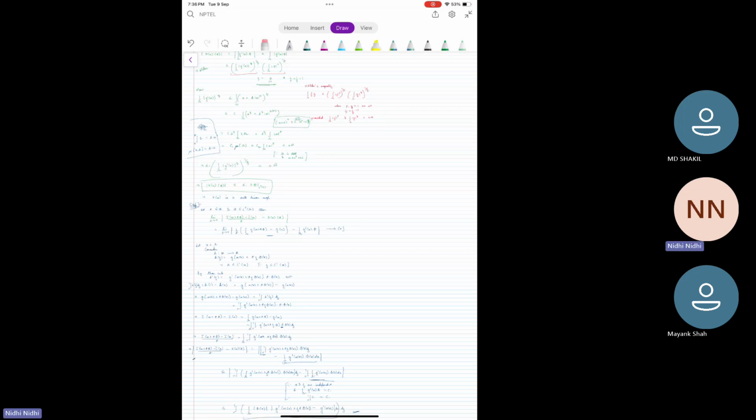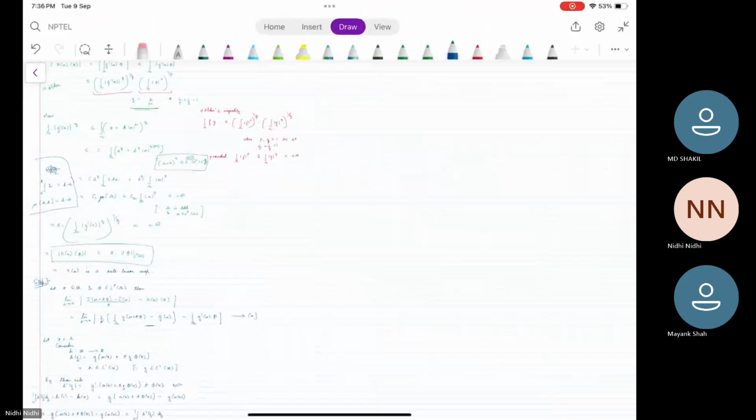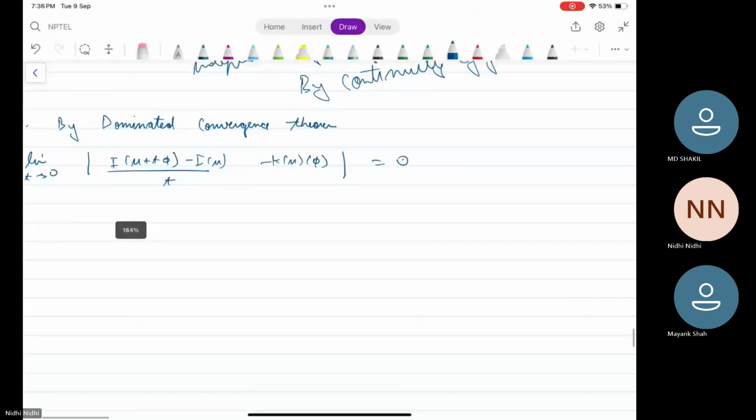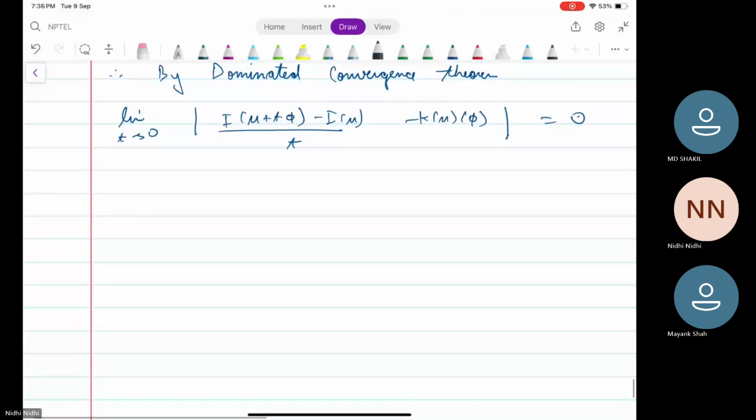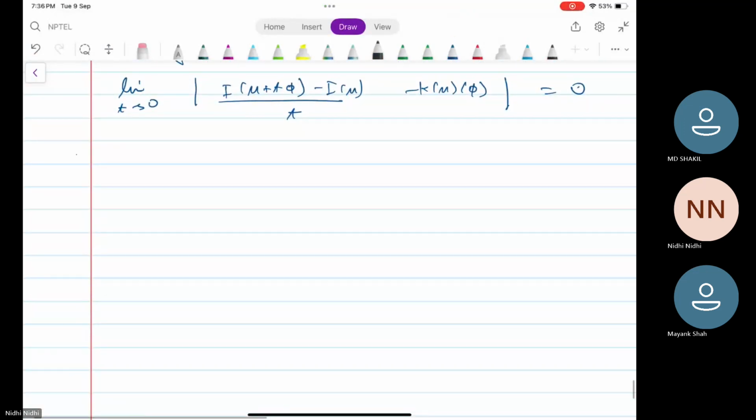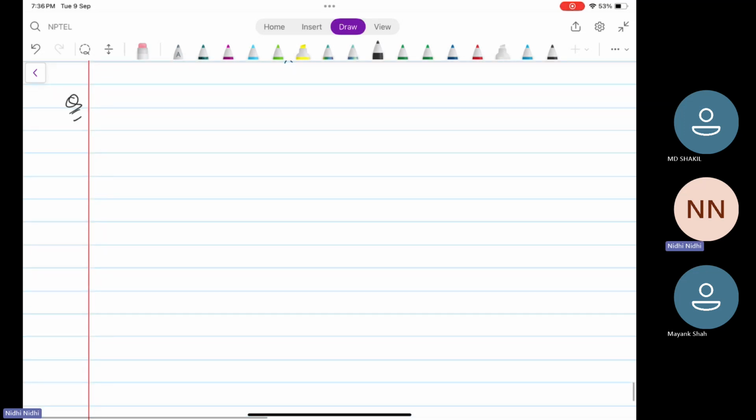Let's do some problems related to the fixed point theory. We have, this is the exercise problem.